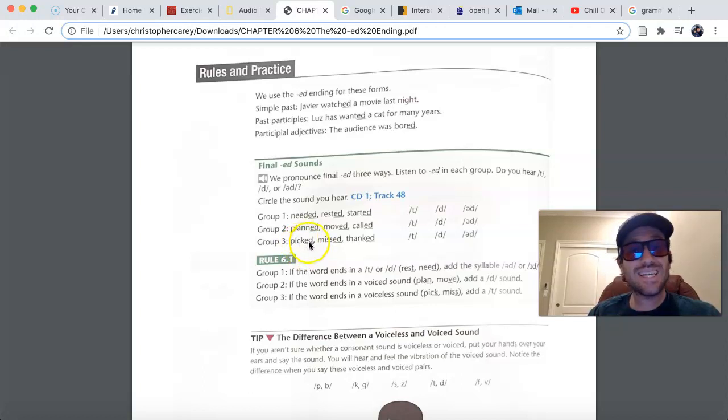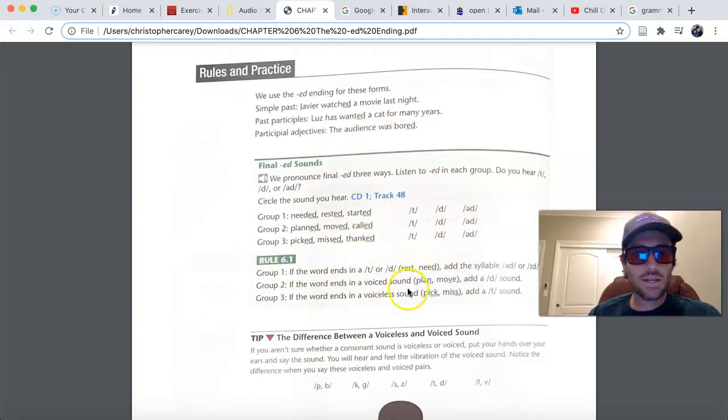Voiceless. T sound. Missed. S, s, s. Voiceless. Missed. Thanked. Similar to picked. K, k, k. Thanked. These EDs all sound like T because the consonant sound that comes before them is voiceless.